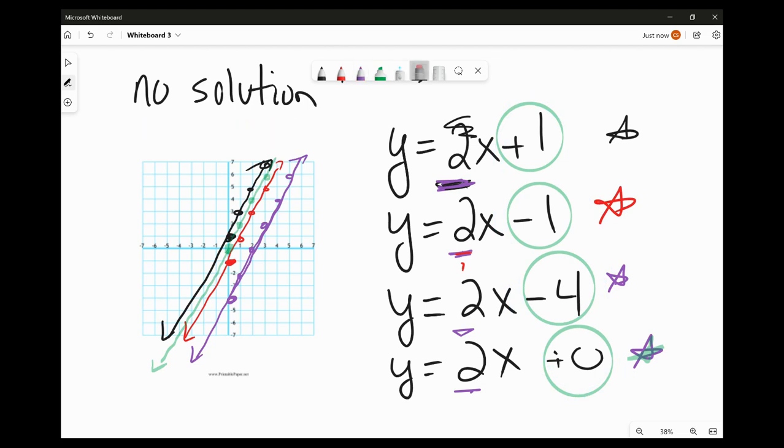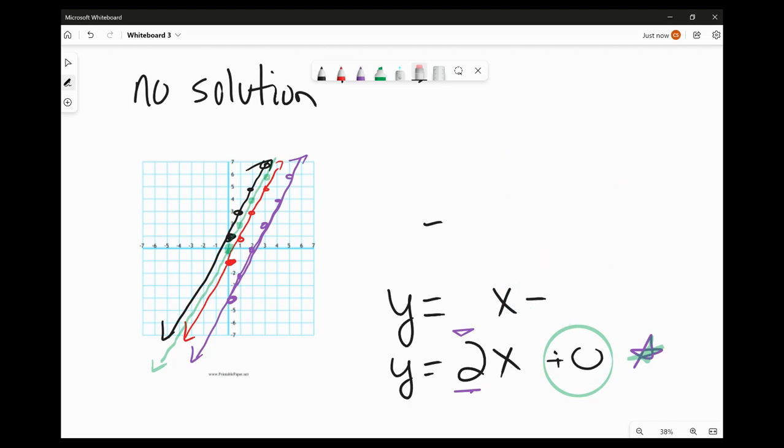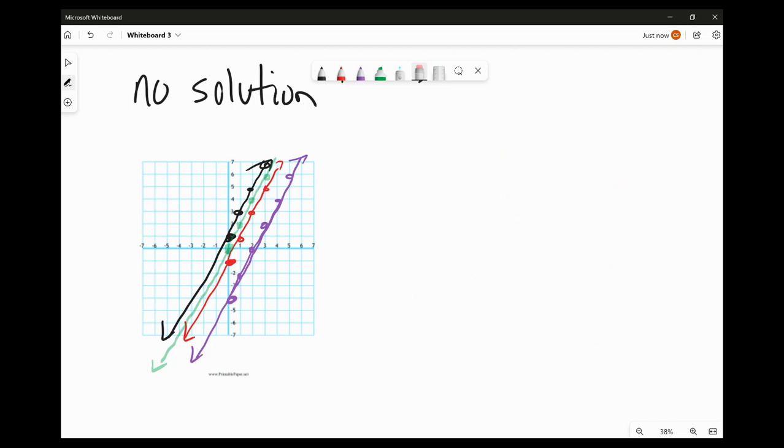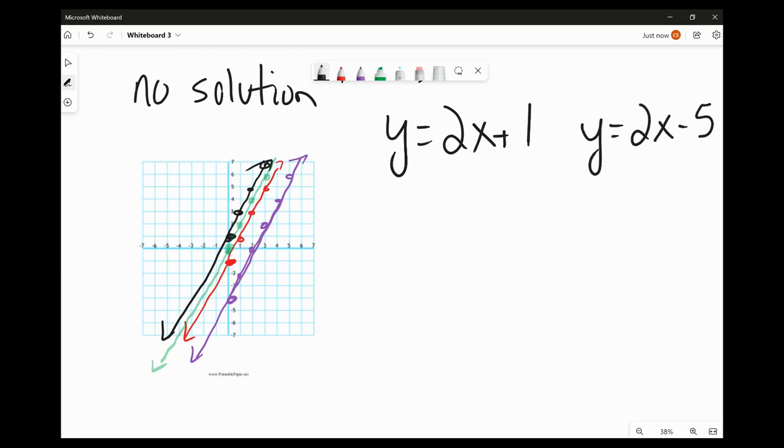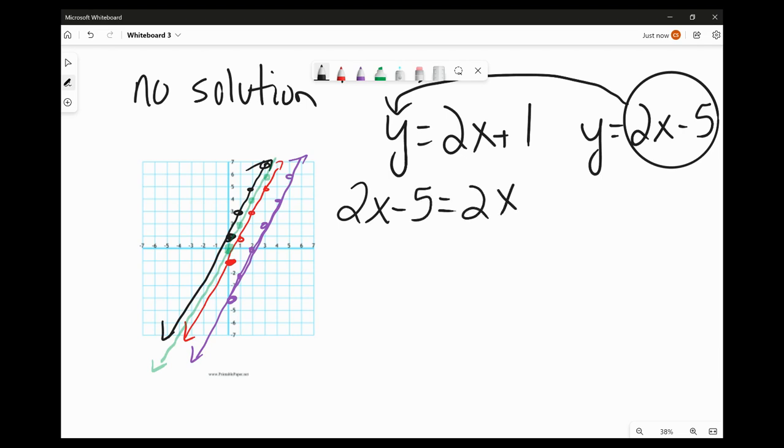Now, if you were to solve algebraically, and you have something that looks like this, y = 2x + 1 and y = 2x - 5, I would use substitution here, and I'm substituting 2x - 5 for that y, so it looks like this. Then I would move the variable to one side, so subtract 2x on both sides.